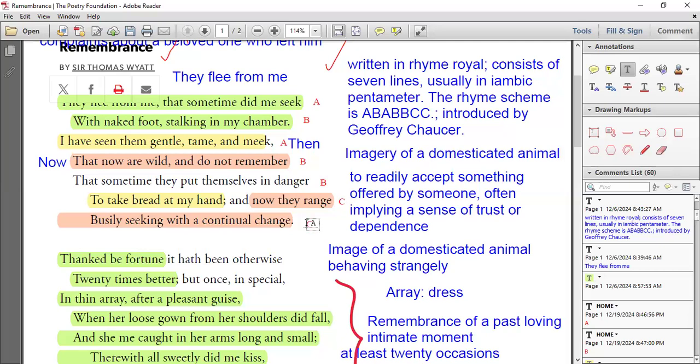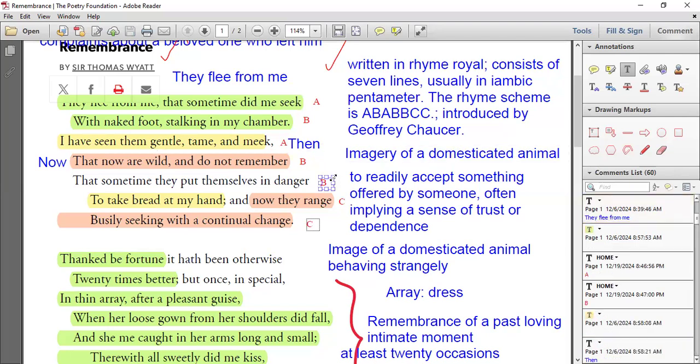This is called rhyme. So the rhyme scheme of this particular stanza is AB, AB, BC, and C. And this particular rhyme scheme, along with the line which follows iambic pentameter, is called a rhyme royal. And who introduced the rhyme royal to English literature?